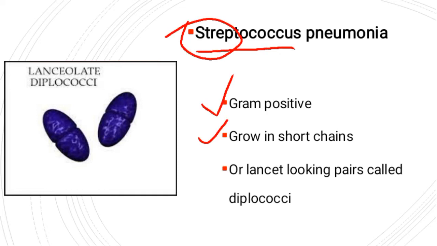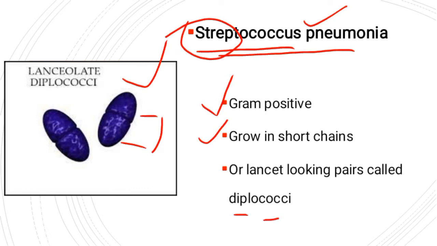But the differentiating feature between Streptococcus pneumoniae and other species of Streptococcus is that strep pneumoniae is diplococci. What? Diplococci. As you can see in this picture, the bacteria are arranged in pairs. As we know, di means two, and cocci means two cocci.